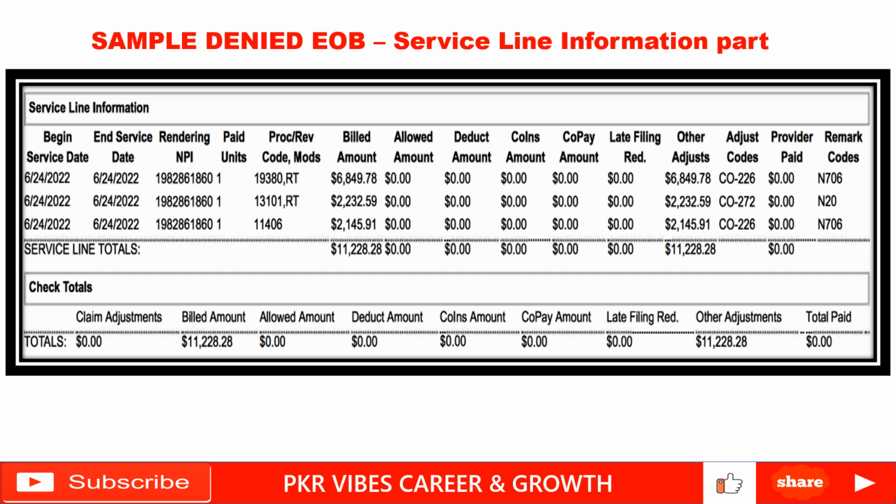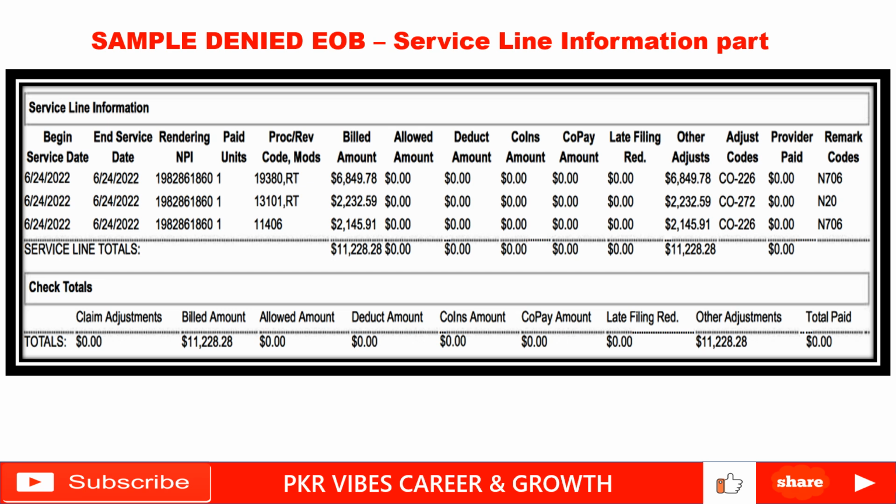Whatever the billed amount is, it is given as the adjustment amount. Why? Because insurance has not allowed it, in the sense there is no payment to the doctor, it is a denial. So the denial reason is CO226 as the adjustment code, and the remark code is N706.